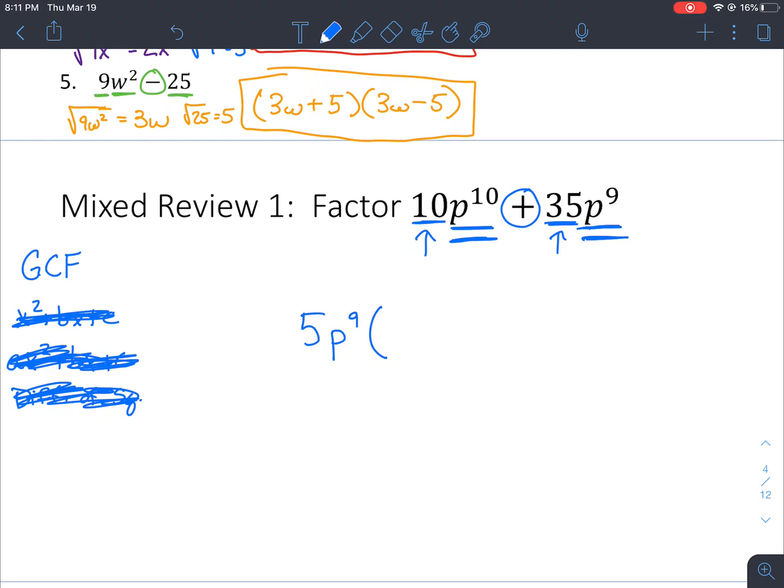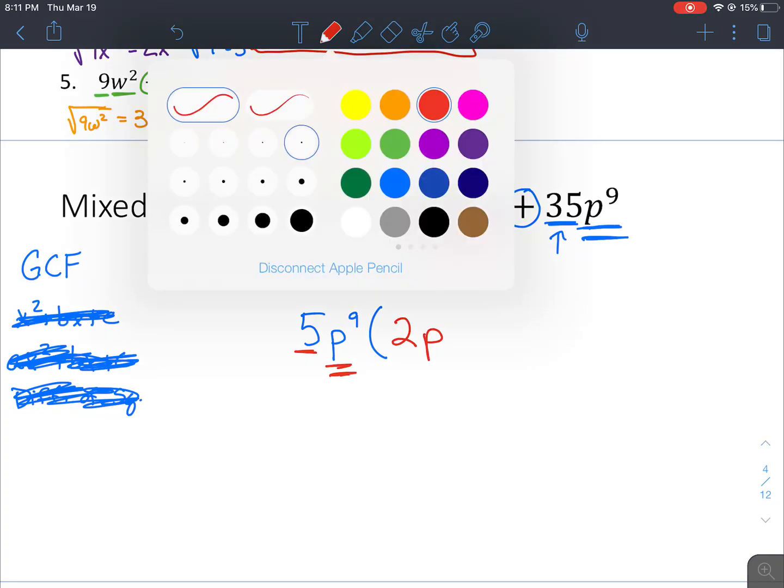And then what we'll do is we'll figure out what's left over after we factor that out. Okay, so 10 divided by 5 is 2. And if I've got p to the 10th divided by p to the 9th, there's just 1 p left over.